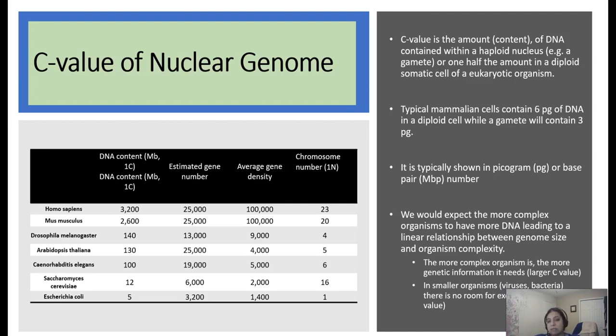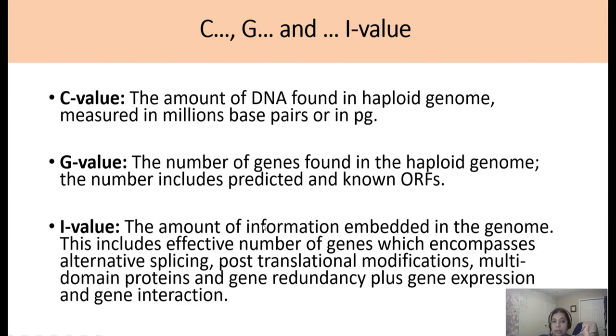And generally speaking, that is kind of sort of true. However, there's a lot of ambiguity there, right? So you can see over here, for example, a Mus musculus versus a Homo sapiens, both have about 25,000 genes, and while Homo sapiens has a bigger DNA C value, the average gene density is similar in both cases.